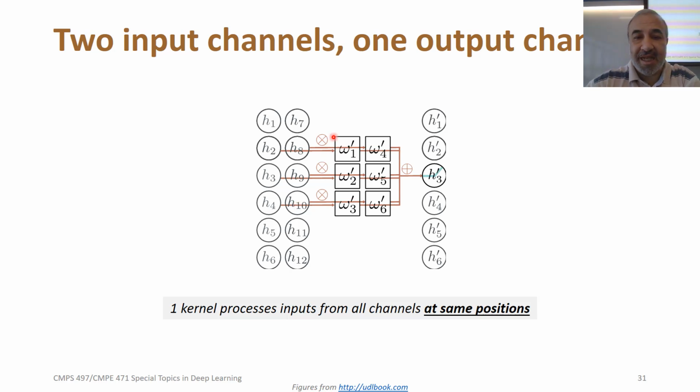So basically we will multiply W1' by H2 plus W2' by H3 plus W3' by H4 plus W4' times H8, W5' times H9, W6' times H10, plus the bias, and then we apply the activation function. That all will produce one hidden unit.